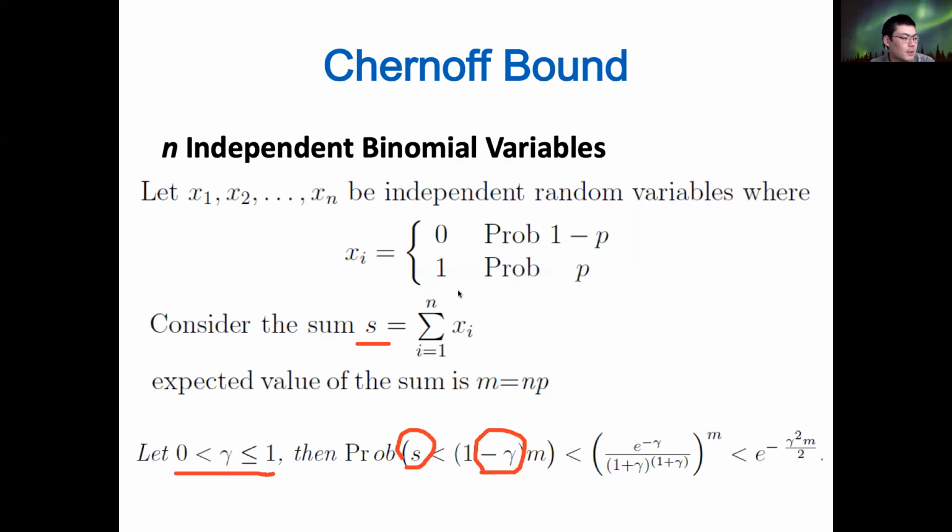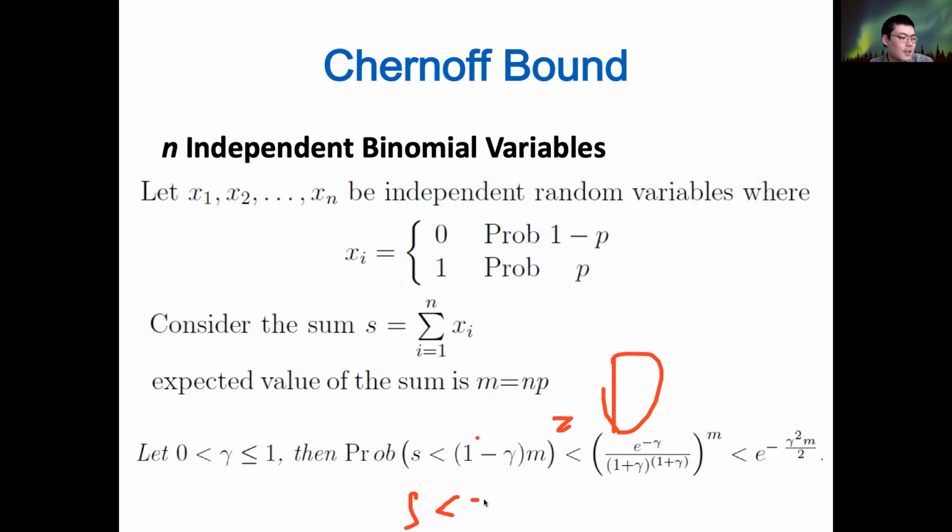Thinking about it as 0s and 1s added together, S cannot be negative. If gamma goes beyond 1, the right-hand side becomes negative, and S is not going to be negative. You cannot say S is less than a negative number, so the probability will be 0. That doesn't make sense. So we have a bound on gamma, but it cannot go beyond 1.